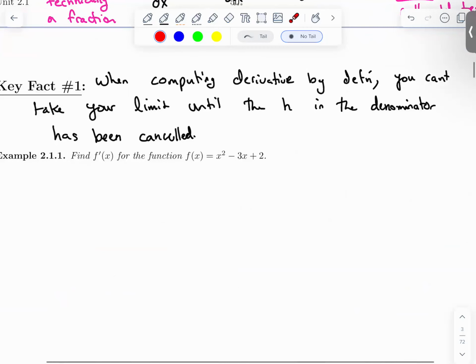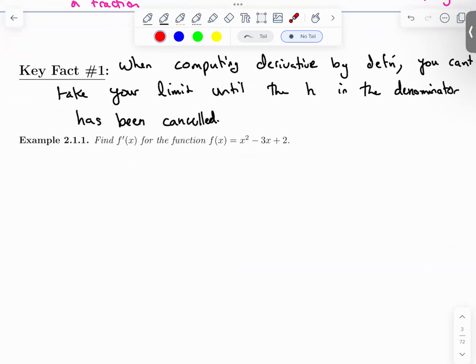So find f prime of x for the function f of x equal to x squared minus 3x plus 2. If you want to memorize a formula, one of the easiest ways to do so is to write it down every single time you do a new problem. In your notes, in your homework, in the practice problems you do, rewrite it down.